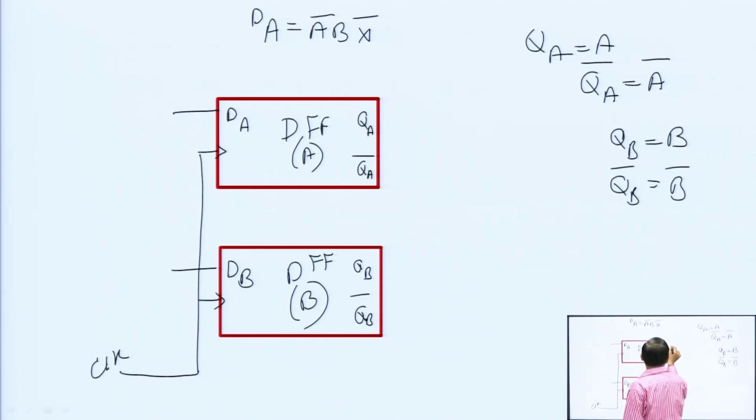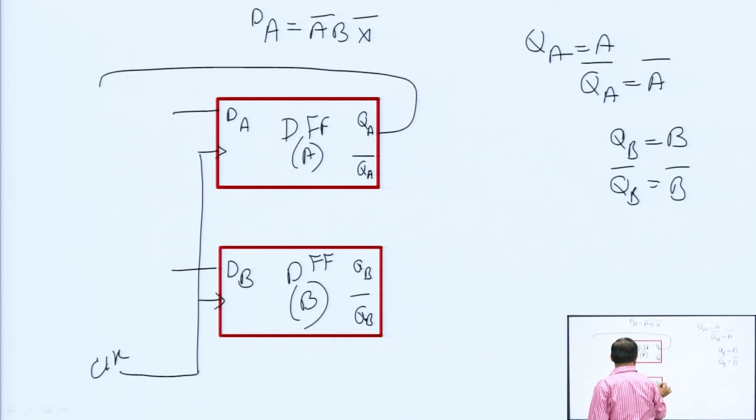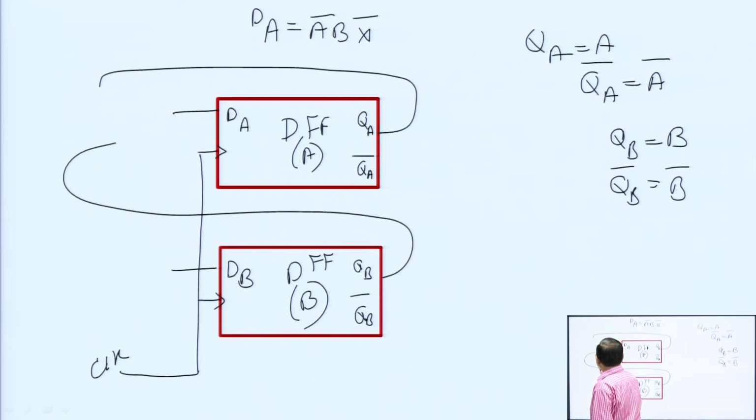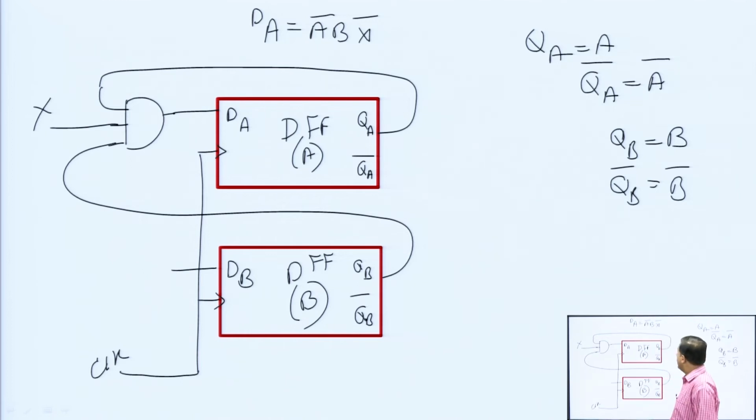So, Q A bar, Q B and x, the AND form will be given to D A, right. Clear up to this?